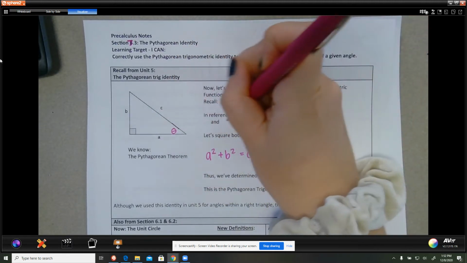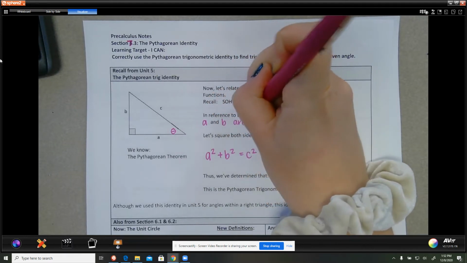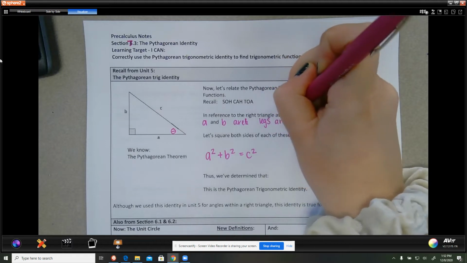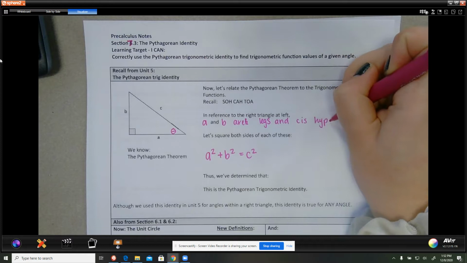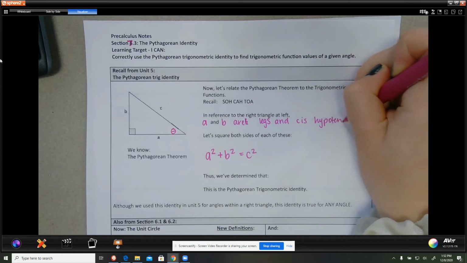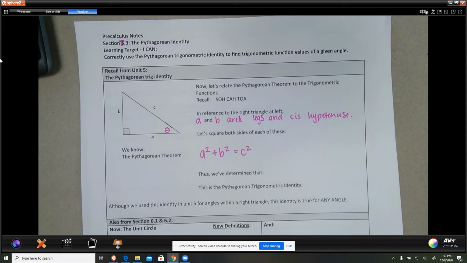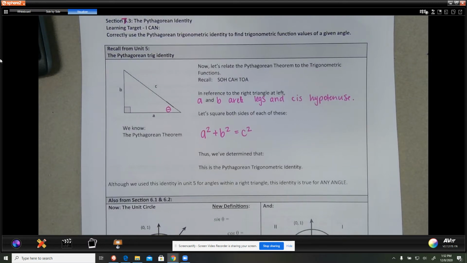A and B are the legs, and C is the hypotenuse. So that's our Pythagorean theorem. And we are going to show that we can relate the trig stuff to the Pythagorean identity.